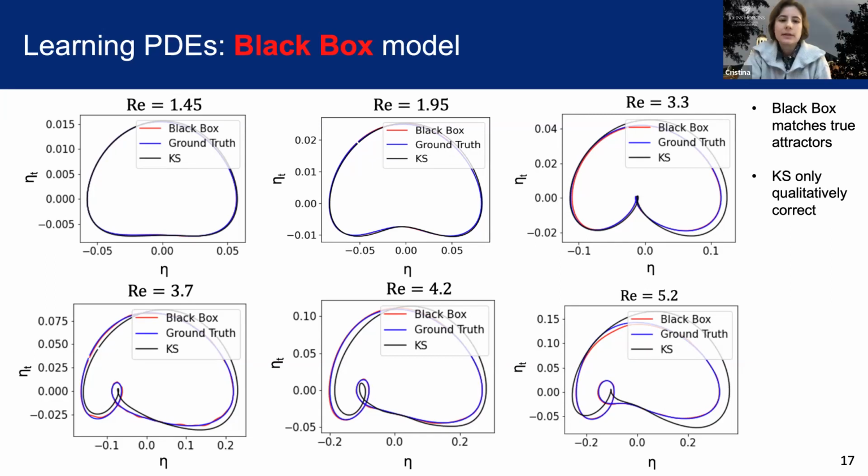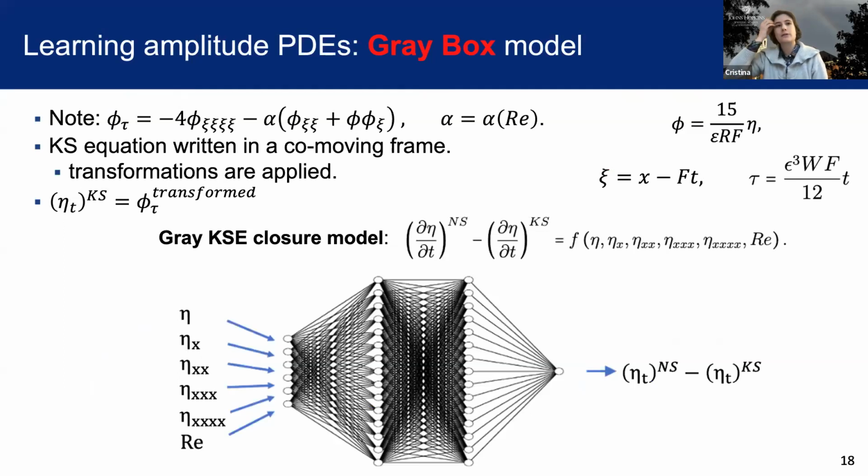Please feel free to interrupt me as I go if there's something that is not clear. So as I was saying, for the gray box approach, now we want to include some physical intuition about the function. So the KS, the Kuramoto-Sivashinsky equation, is used here as an additive term to learn a data-driven model that corrects the KS solution for Reynolds numbers where the KS was not derived to be accurate.